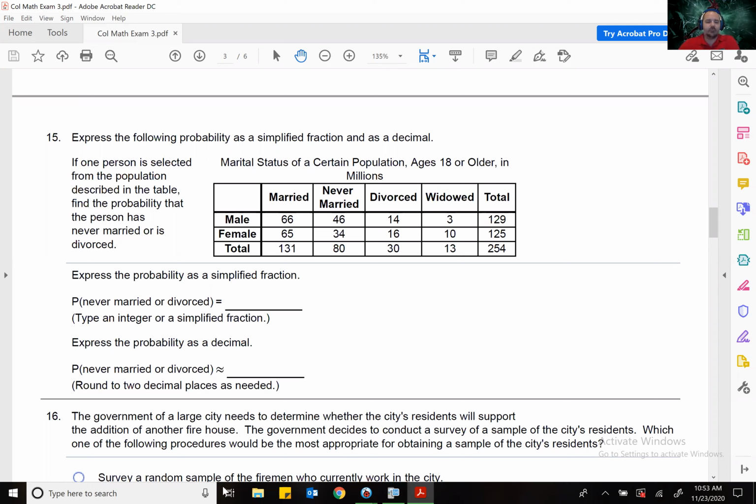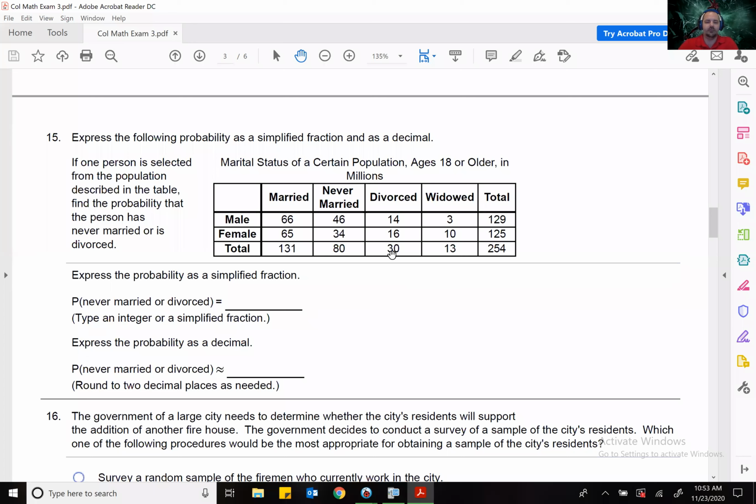So let's find the probability. What is the probability of never being married? Well, how many people are never married? And that's 80. Out of how many people total? 254. And we're going to add that with, what's the probability of being divorced?